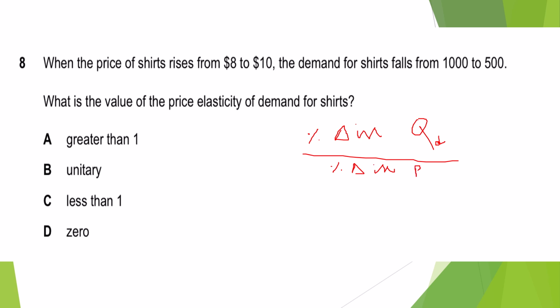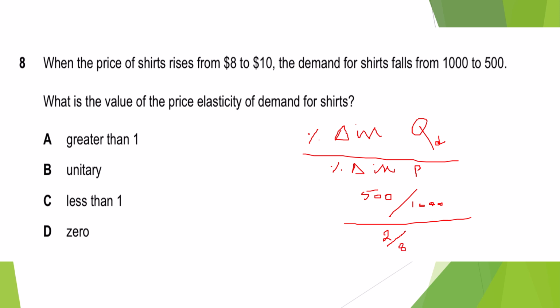For this we know that percentage change in quantity demanded means the difference in demand divided by the original. The difference in demand is 500, I am ignoring this negative sign, divided by 1000 original. The whole divided by the change in price, that is 2 divided by 8.